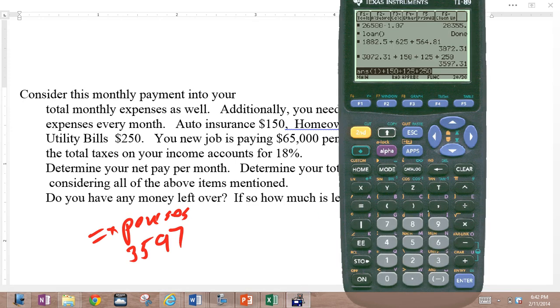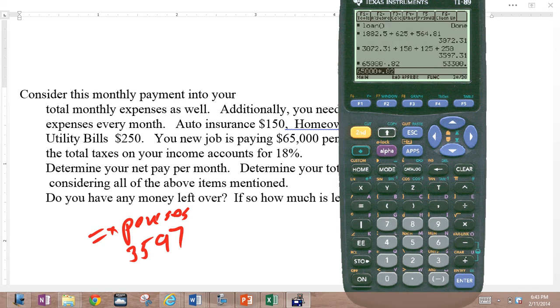Okay, so what are you making? You're making 65 a year. No, you're not. You're losing 18% of that to taxes, 65,000. Okay, so what you're actually making is 82% of that.